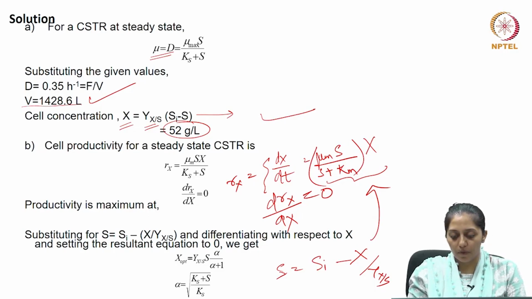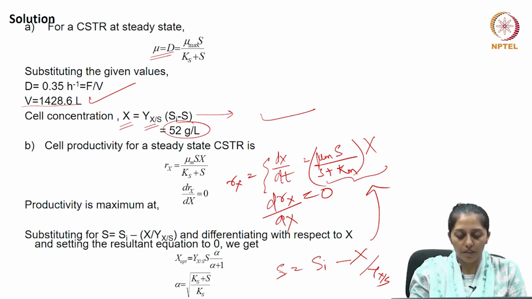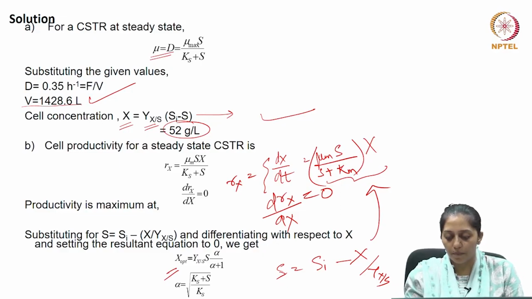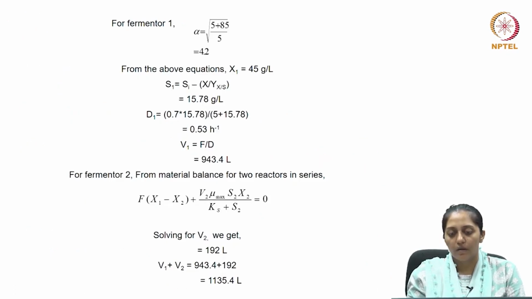the biomass concentration for maximum productivity. So, your x optimum comes out to be Yx by S times S, the residual substrate concentration, alpha upon alpha plus 1.